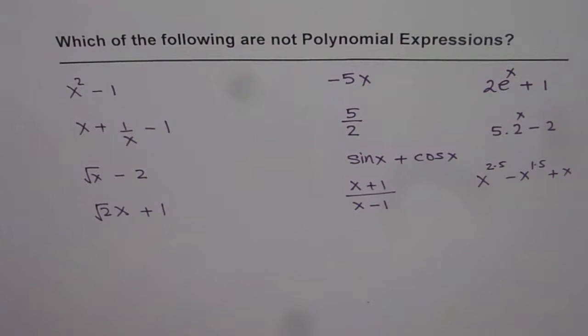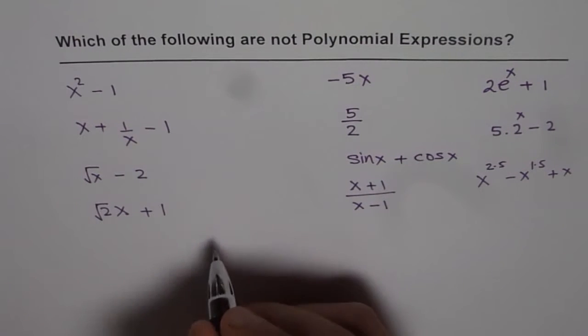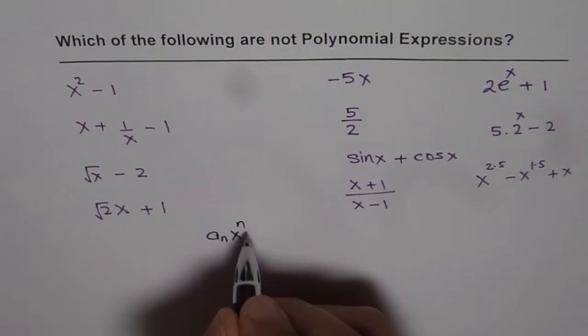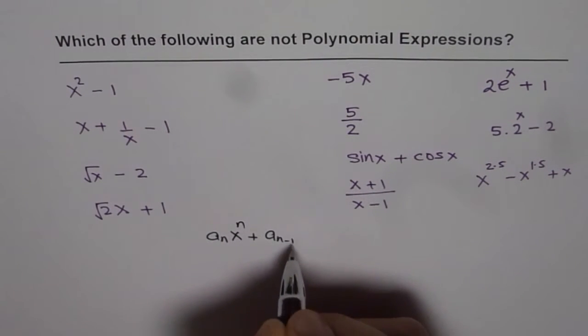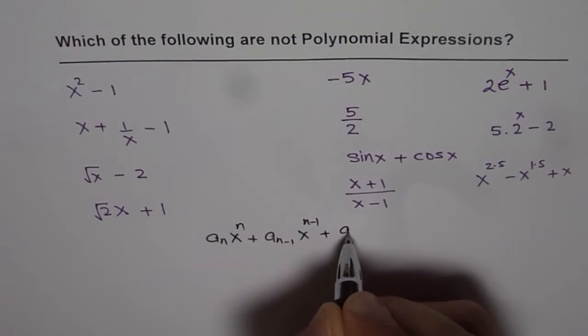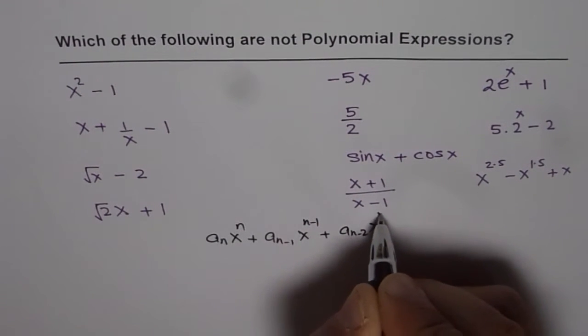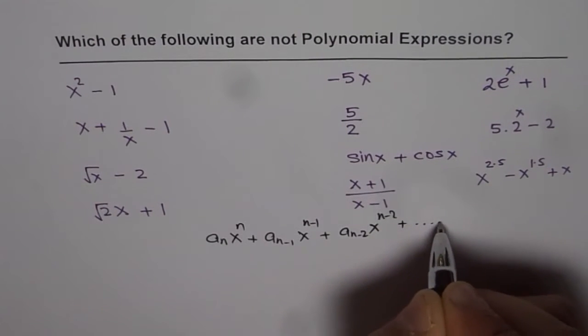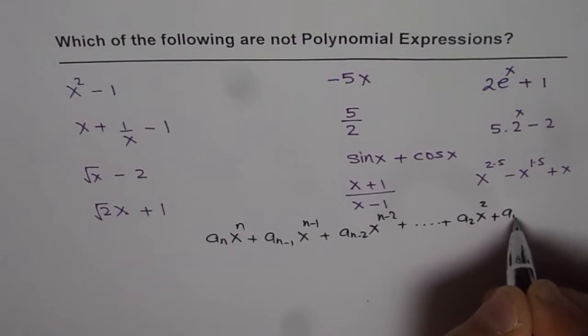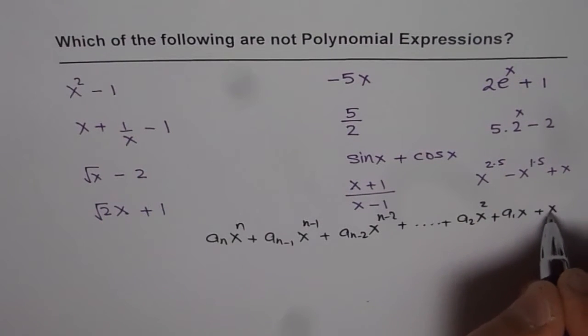Well, my suggestion is, let me write down a general expression for a polynomial. In general, an expression like a_n x to the power of n plus a_(n-1) x to the power of n minus 1 plus a_(n-2) x to the power of n minus 2 plus so on till we have a_2 x squared plus a_1 x plus a_0.